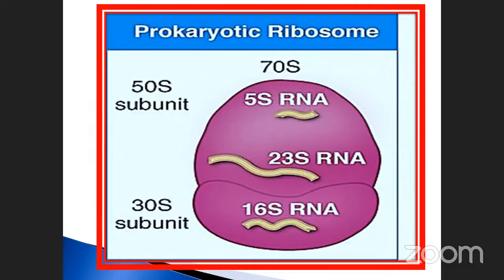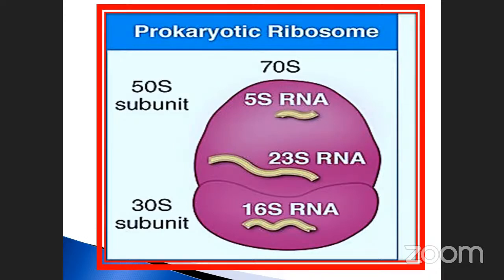The 70S is divided into 2 subunits, one called the large subunit and the other the small subunit, right? The large subunit is the 50S subunit and the small one is the 30S subunit. The 50S subunit contains only 2 RNA molecules, the 5S and 23S. But the 30S subunit contains only 1, similar to that of the 80S ribosome.